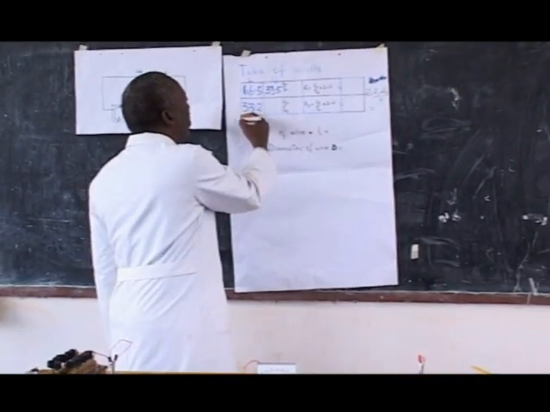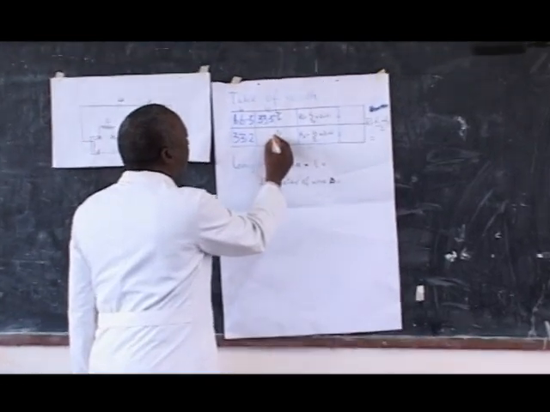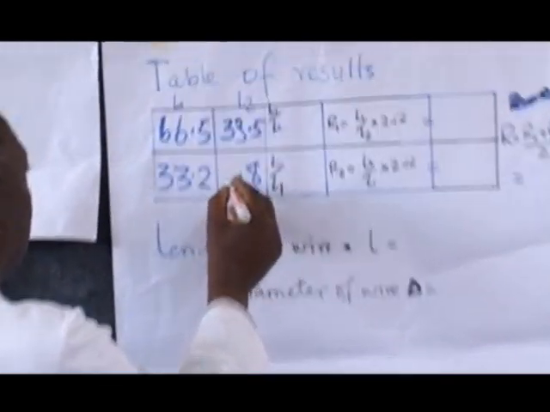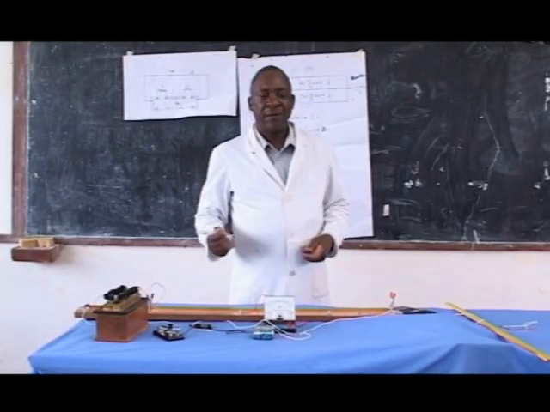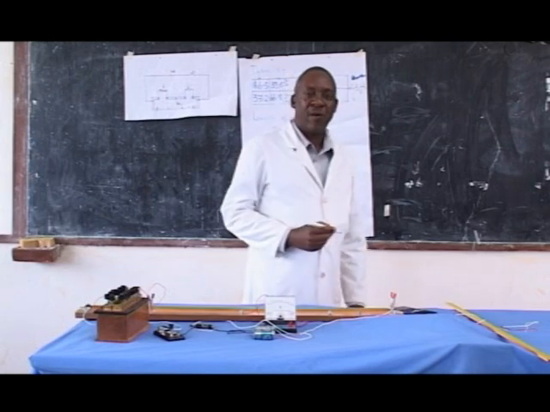And for this one here, this is 66. Now find the ratio L1 over L2.